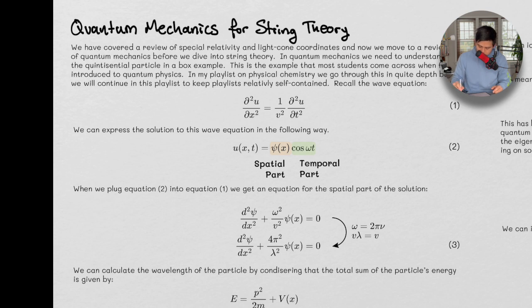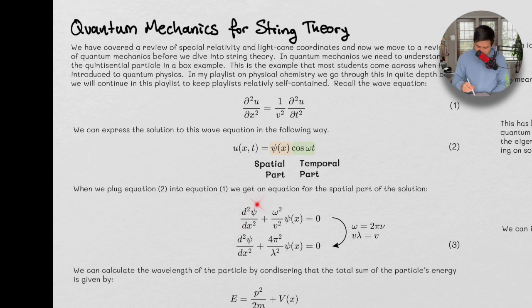So if we plug equation 2 into this equation, we're going to get this here, where omega is the frequency along the temporal component, t. When we take the time derivative, we get this omega squared out, and then we get this 1 over v squared. And then for our spatial part, we get derivatives of the spatial part. If we're just looking at x and not y and z dimensions, this is where we get this bit right here.